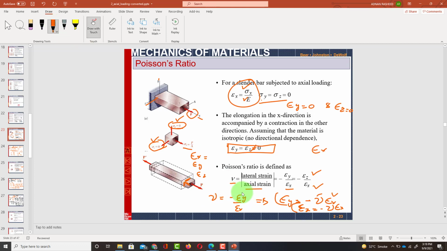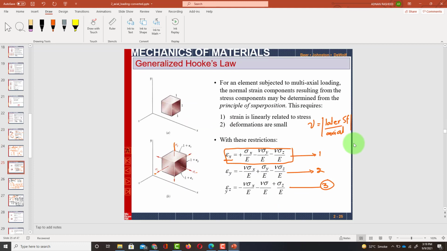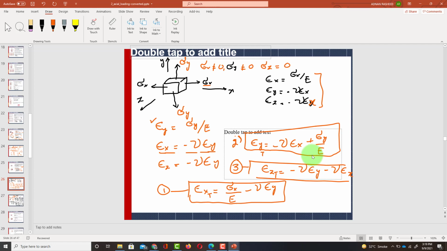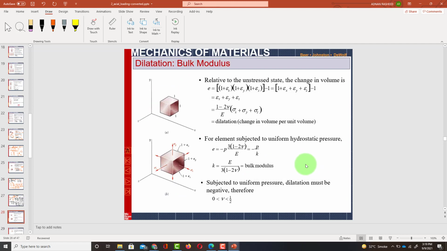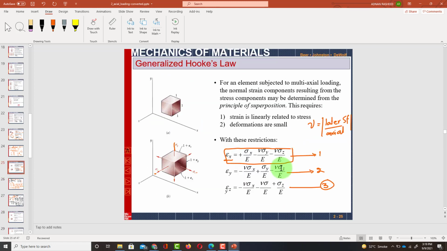Because we know that in y direction there is a contraction, so ये value negative होगी, so negative will give you a positive value, and that's why the value of nu is a positive value. You will see next in next few slides as well. Clear? यहाँ तक clear? Yes, sir.